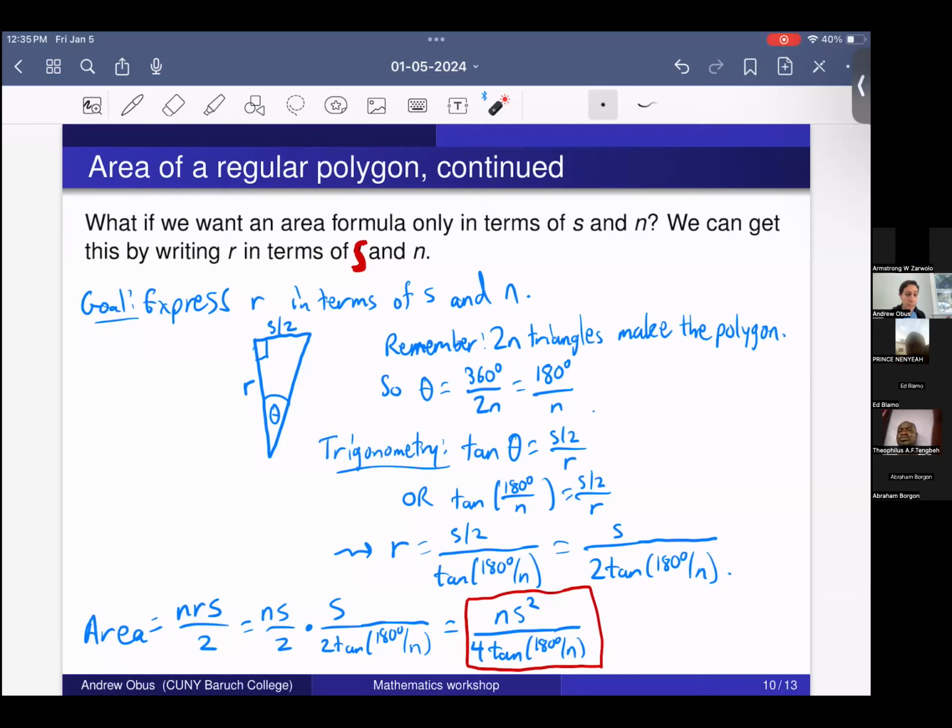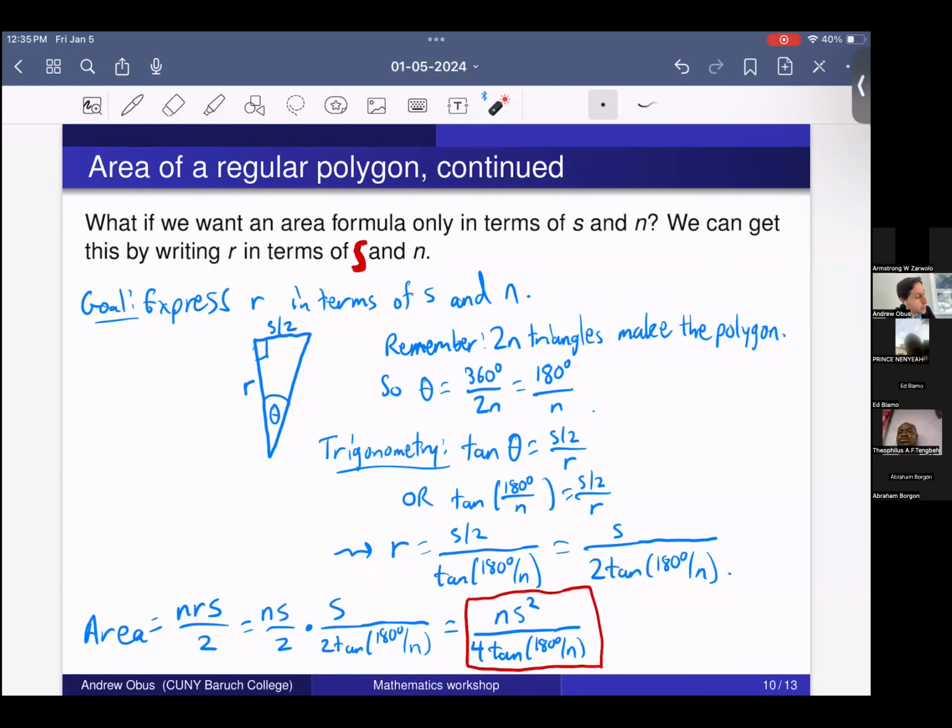If I say, what's the area of an octagon with side length 4, then you can just plug in n equals 8 and s equals 4 to this formula, and it will give you the area. You don't have to figure out the inradius or draw a diagram splitting this into triangles or anything like that.